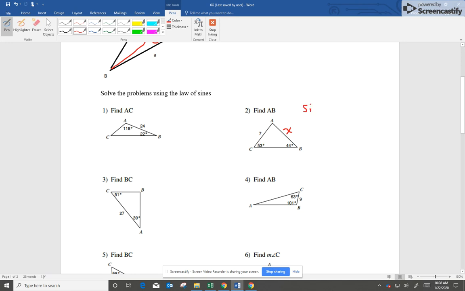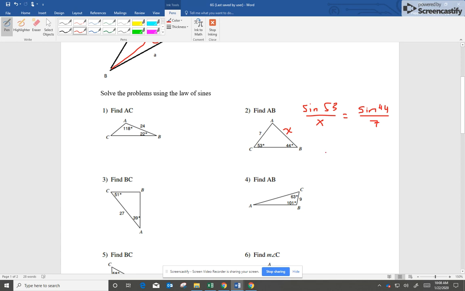So we could start by doing sine 53 over X. Okay, and the other set of side and angle that we have is our 44-degree angle with 7 across from this. So sine 53 over x is going to equal sine 44 over 7. Okay, and so that's pretty much it.